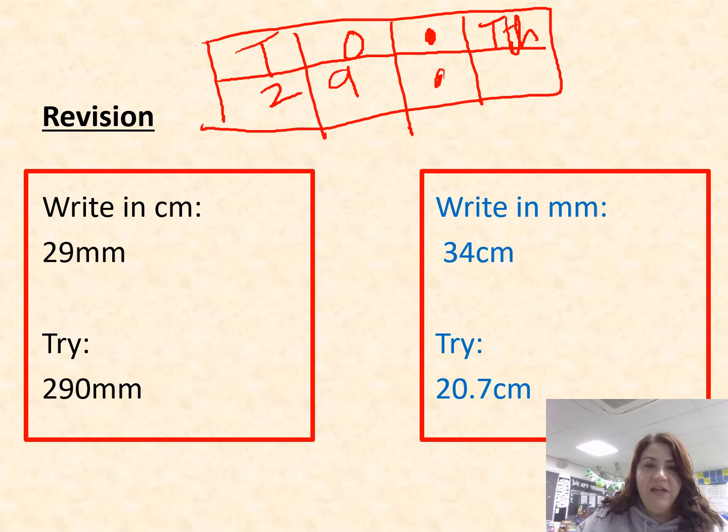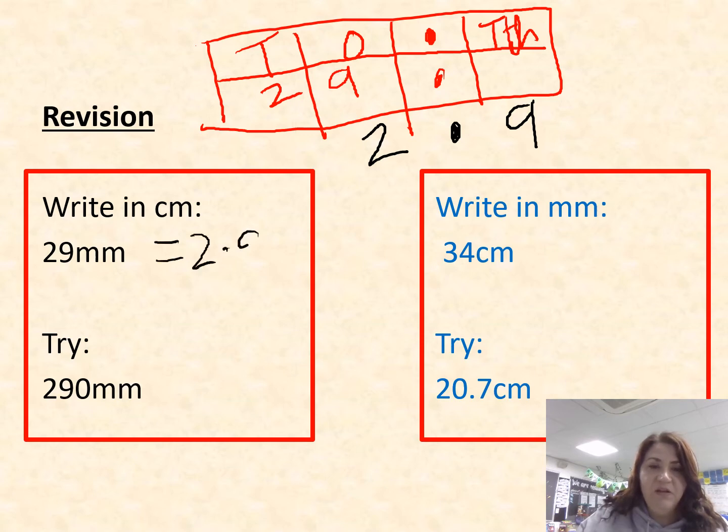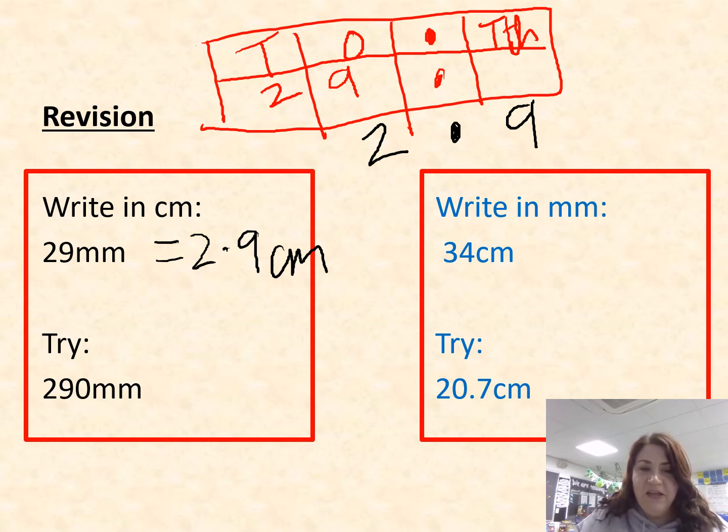And we need to divide that by 10 because there are 10 millimetres in a centimetre. So my 9 is going to jump over the decimal into the tenths. Our decimal place will still be there, and our 2 is going to move into the ones, which means 29 millimetres is 2.9 centimetres.